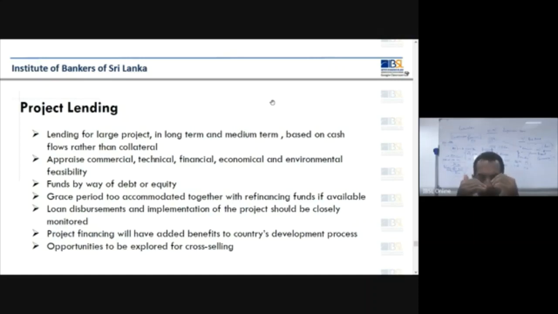We will be evaluating the project based on the number of units they can produce, based on the rainfalls, and the agreement to purchase the power. Not based on whether Haley's will pay or Phoenix will pay. It is purely on the merits of the project. That kind of facility, where funding is based on the future projected cash flows, we call a project loan. Details are here.